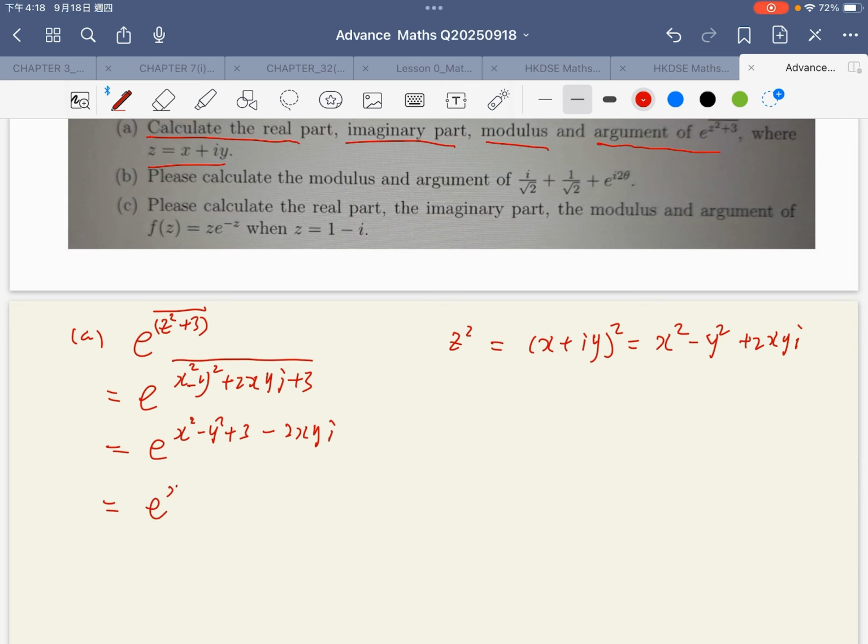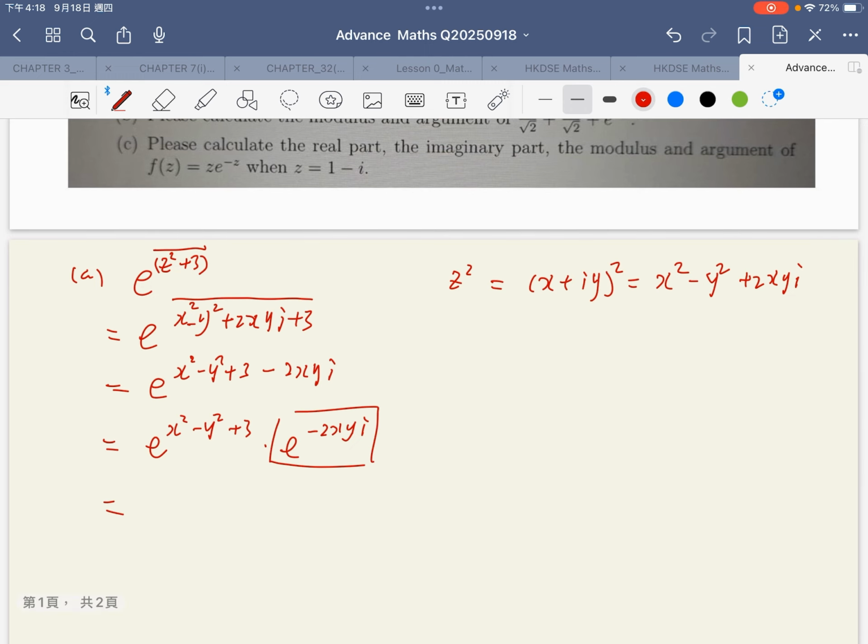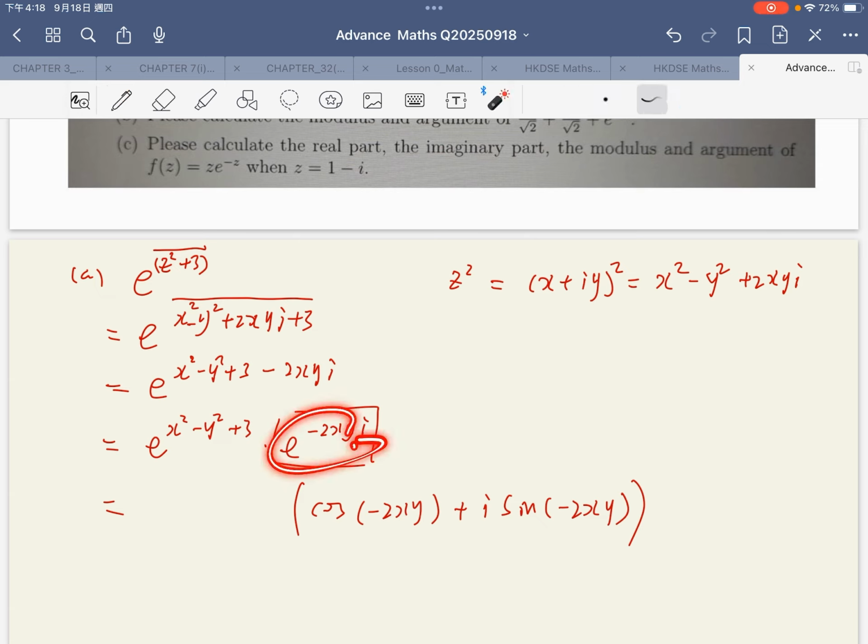One part is e to the power x squared minus y squared plus 3, times e to the power negative 2xyi. The second part is actually equal to cosine of negative 2xy plus i sine of negative 2xy.